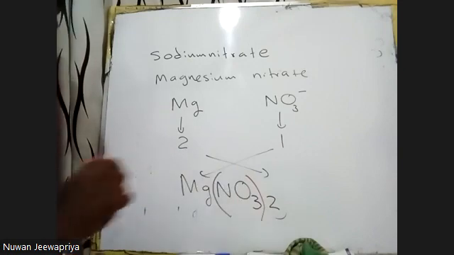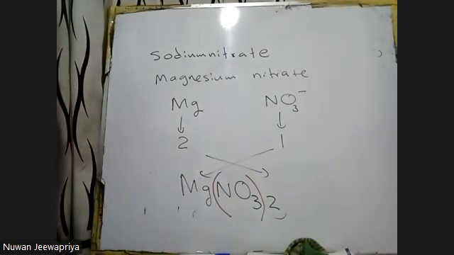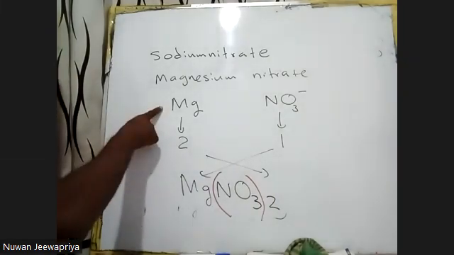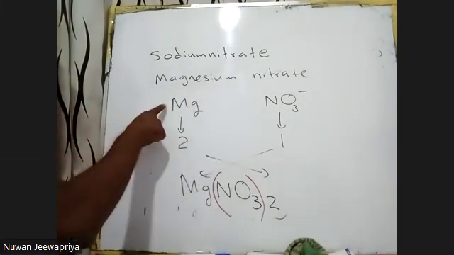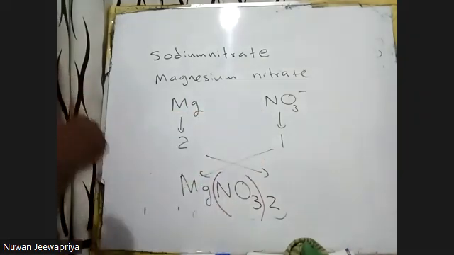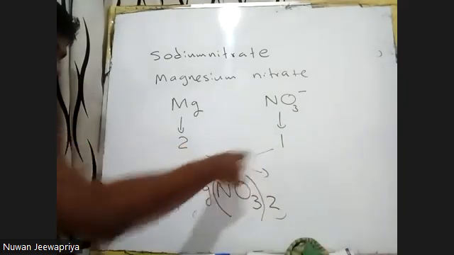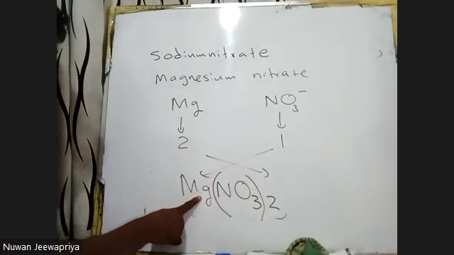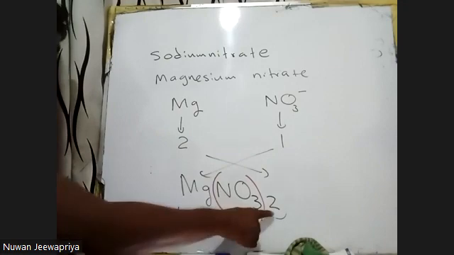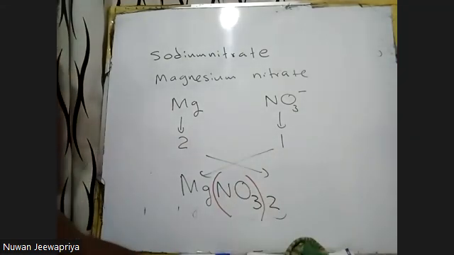NO3 twice. Mg(NO3)2 is magnesium nitrate. We write the magnesium's valency and the nitrate's valency, and these two valencies are interchanged. So magnesium gains number 1, so we don't write it. Nitrate gains number 2, so we write NO3 in brackets and 2.